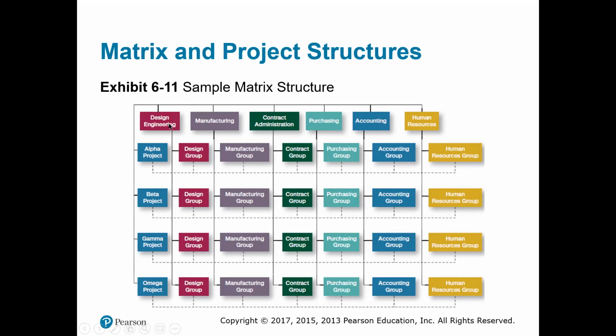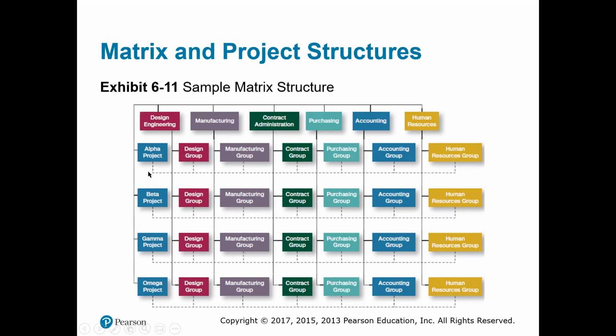The burgundy color is design, the grayish color is manufacturing, dark green is contract administration, turquoise blue is purchasing, deep blue is accounting, and mustard yellow is human resource. If you look at it, there's another extra color here.